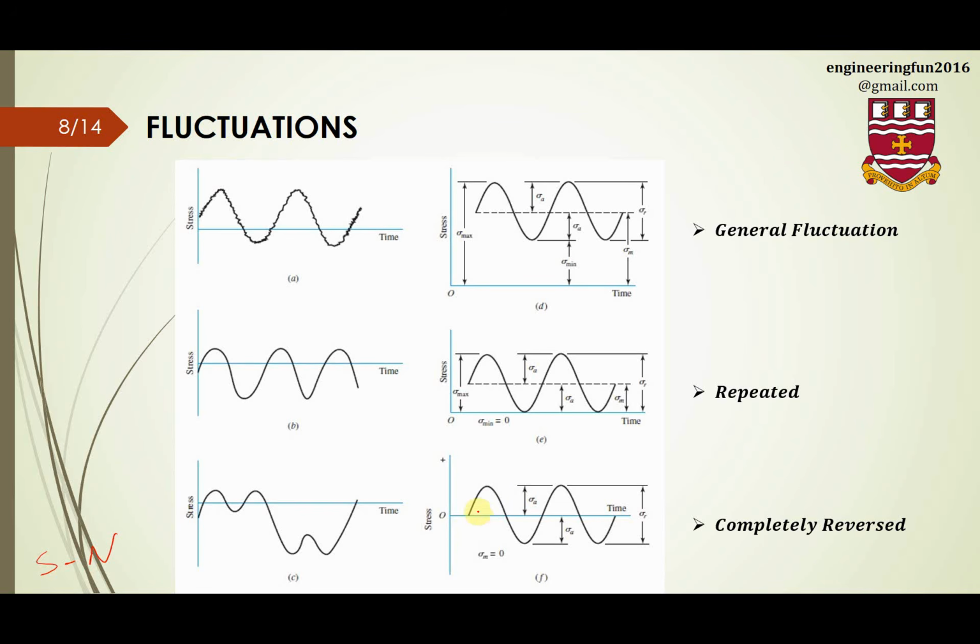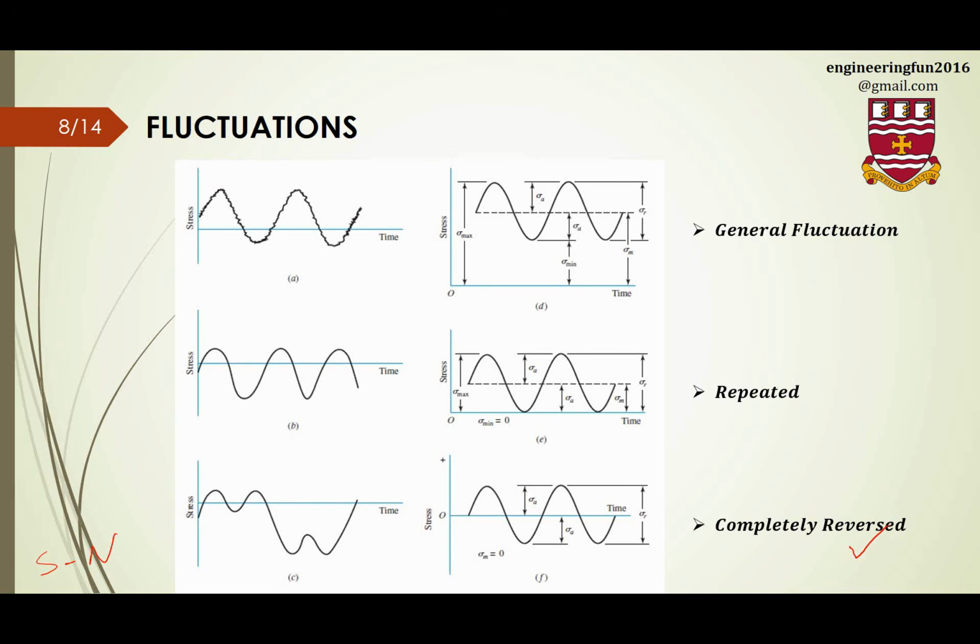We start from 0, we go to some amount of maximum stress, I'm gonna say tension, then we go to compression, then again tension, then compression, and we hit the maximum amount of each one, tension and compression, like that. And we are fluctuating around the time axis. This is called and known as completely reversed scenario.